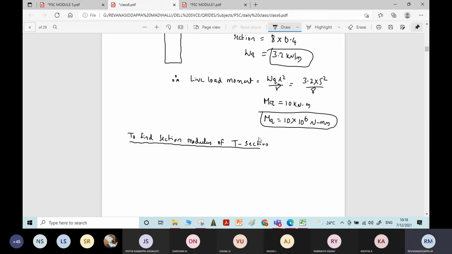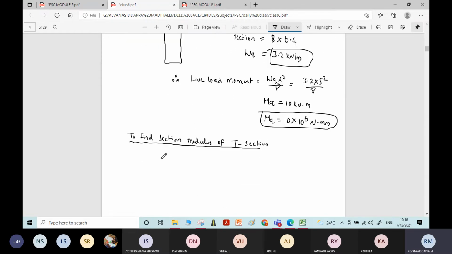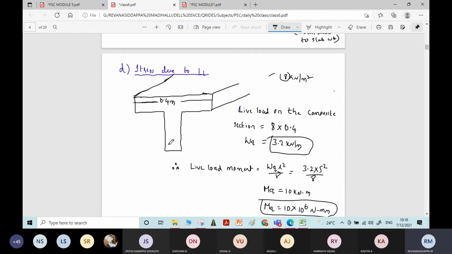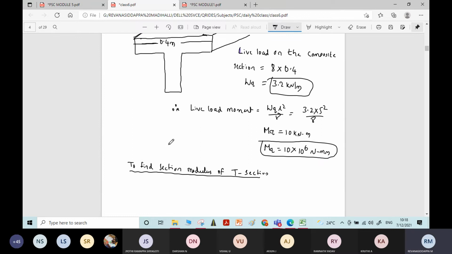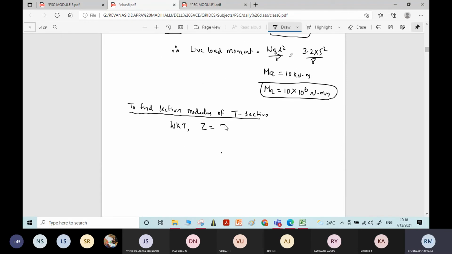If it is a rectangle, directly the BD square by 6 formula you would have applied. It is a T section. You need to follow the basic principle to calculate the section modulus. We know that Z is equal to I by Y, moment of inertia divided by distance of centroidal axis.